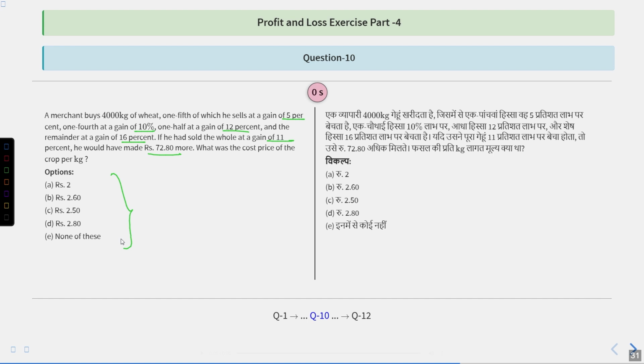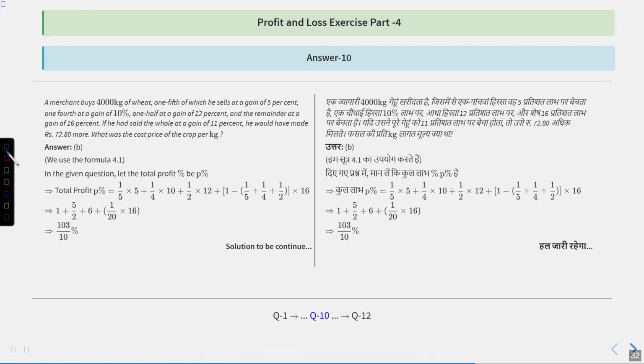Now time's up. Let's see the solution. Now the question says that we are using formula 4.1. Total profit. How can we calculate the total profit? Let the total profit percentage be P%. Clear? So 1/5 is sold at 5%, so 1/5 multiplied by 5. 1/4 at 10%, so 1/4 multiplied by 10%.